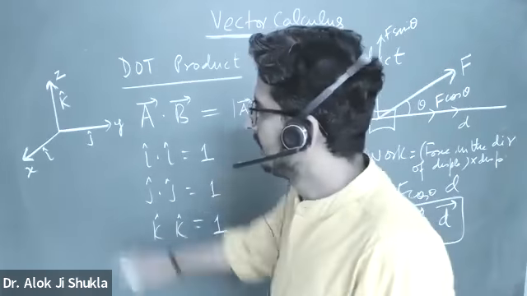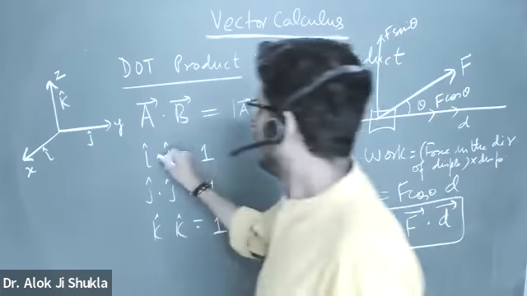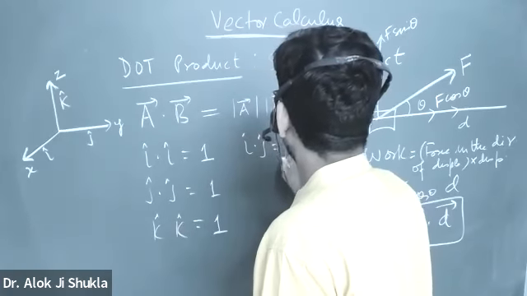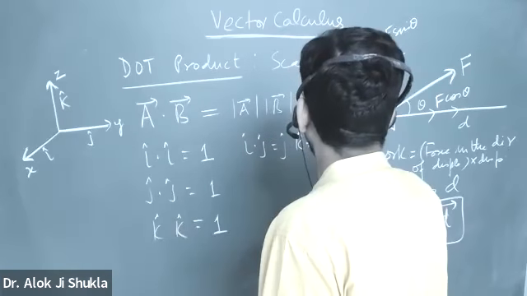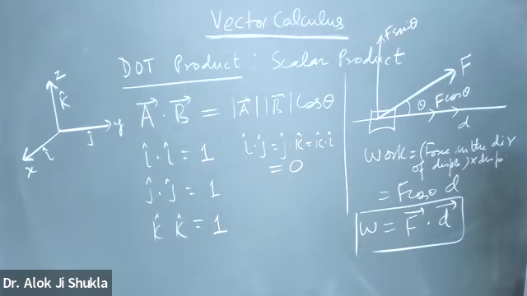J cap is in increasing direction of y, and k cap is in increasing direction of z. So when you take I dot I and when you take I dot j or j dot k, because of 90 degree, k dot I, all of them will become equal to 0. Correct?